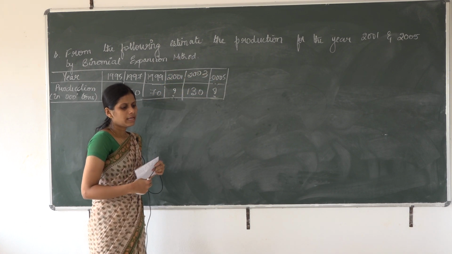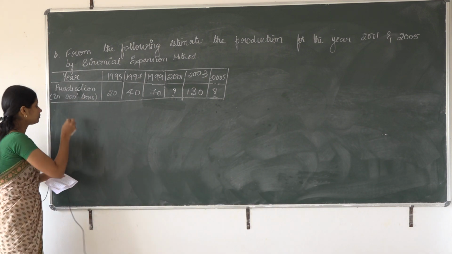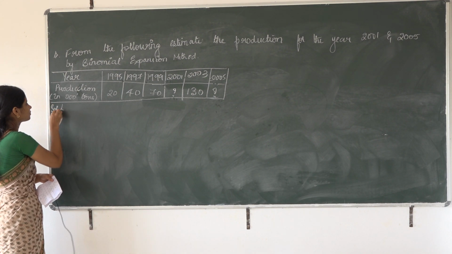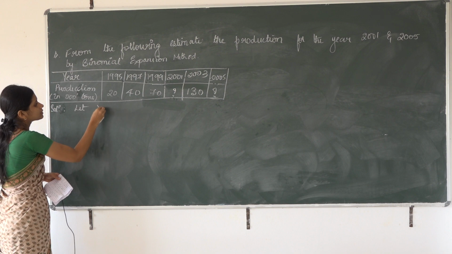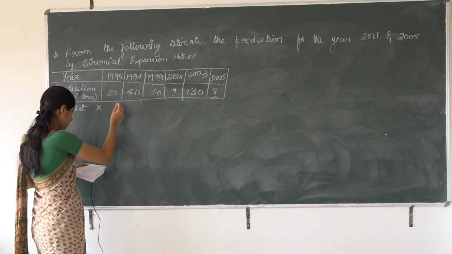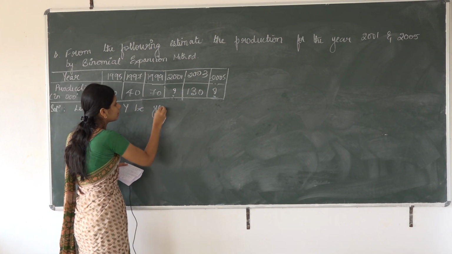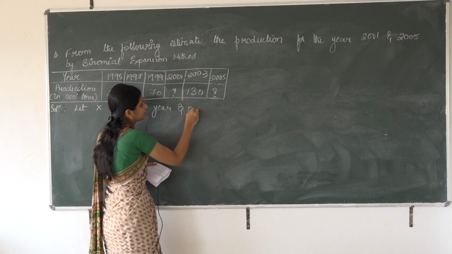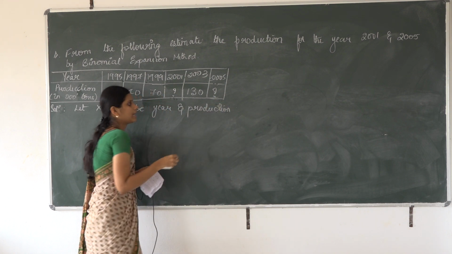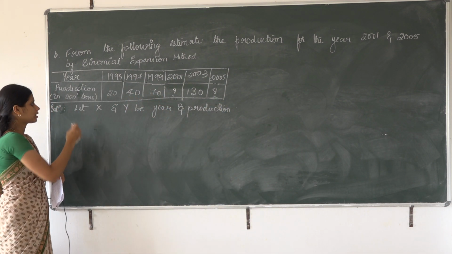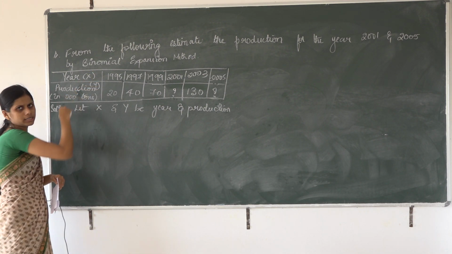First of all, in the solution, let x and y be year and production. X we are taking as year and y is production.